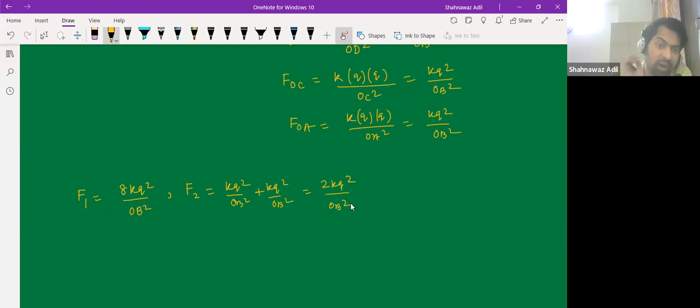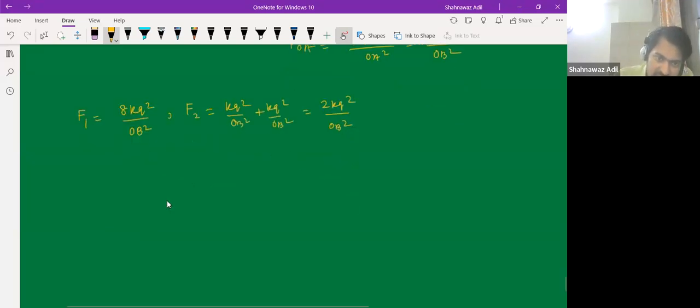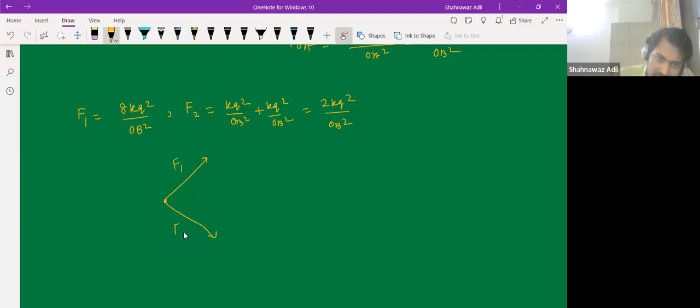So what have you found out? You have found out that there are two forces which are perpendicular to each other, because the diagonals of a square perpendicularly bisect each other.